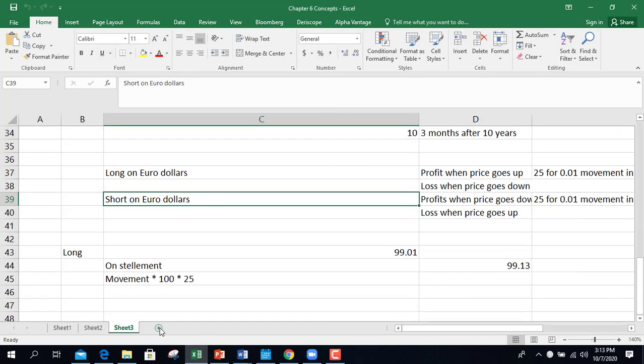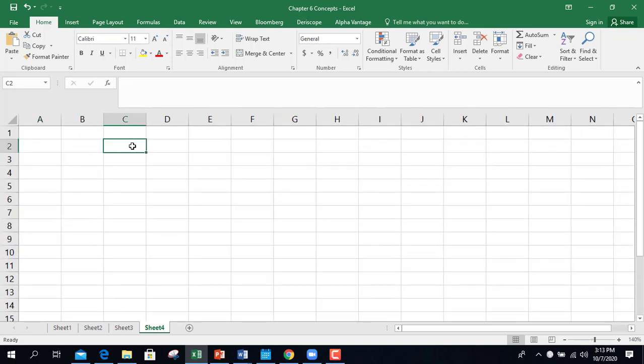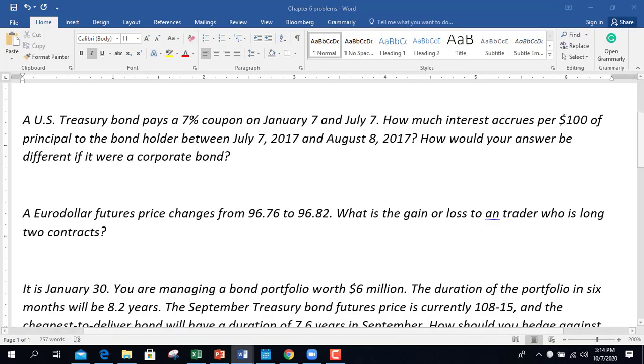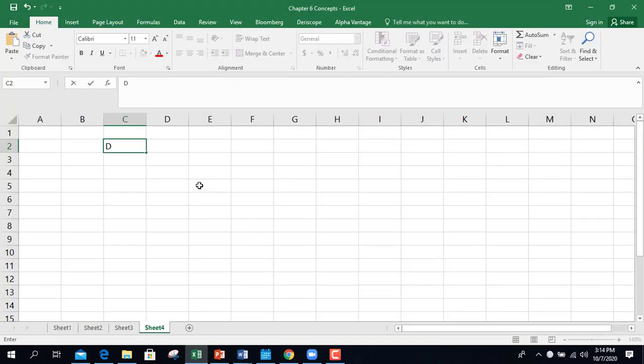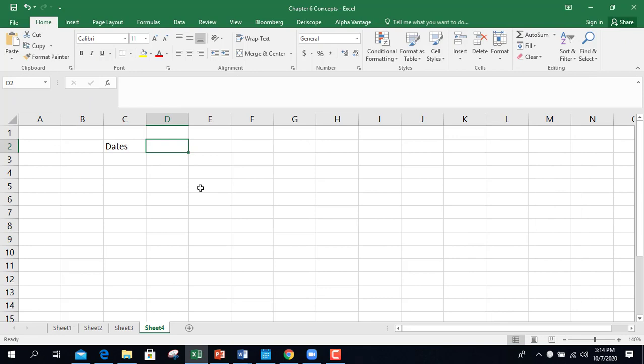So I'll open a new Excel sheet. We now have to note down the dates. The dates given are July 7th, 2017 to August 8th, 2017.